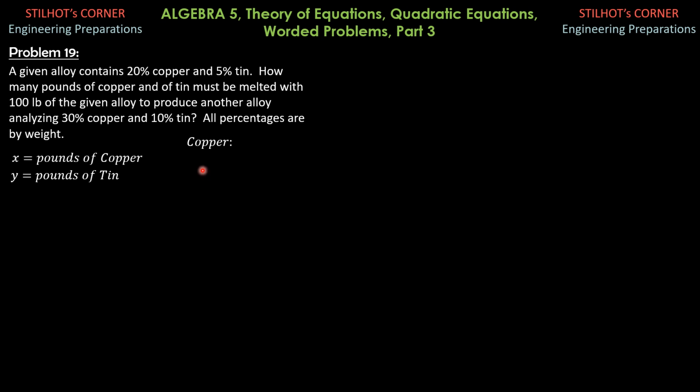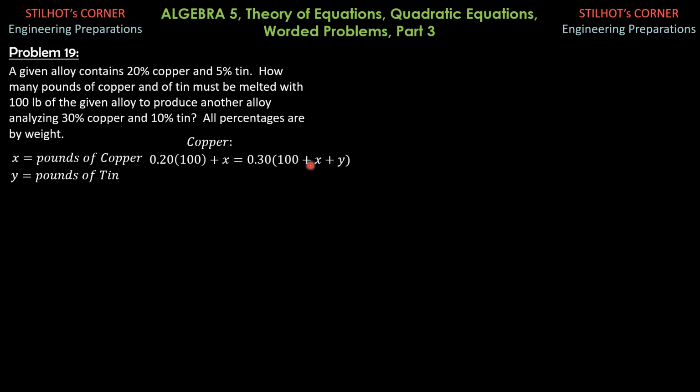So we only have 20% of 100, or 0.2 of 100 rather, plus X pounds of copper, plus 0% copper times Y, because it is pure tin, is equal to 0.3 times quantity 100 plus X plus Y. Simplifying, we have x minus 0.3x, so 0.7x, then minus 0.3y, then 0.3 times 100 minus 0.2 times 100, 30 minus 20 is 10.